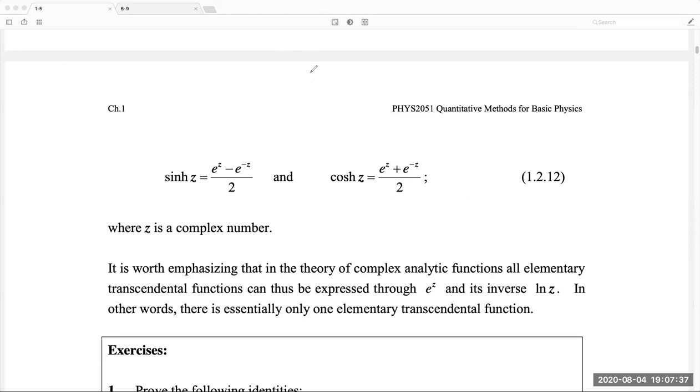Also there's something you may need to remember. What is the value of hyperbolic sine 0? Zero. How about hyperbolic cosine 0? 1.